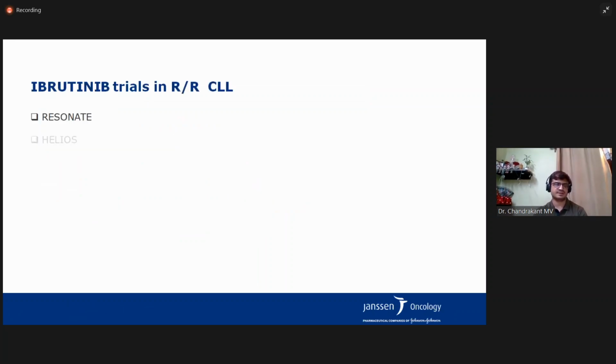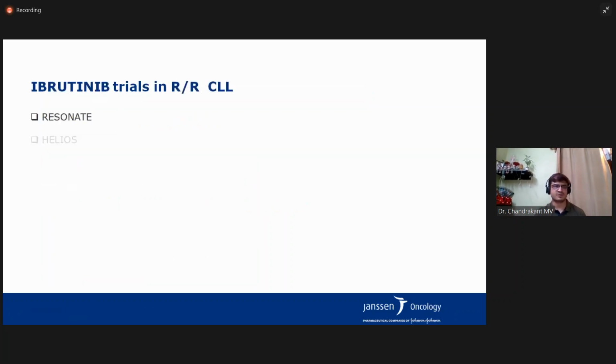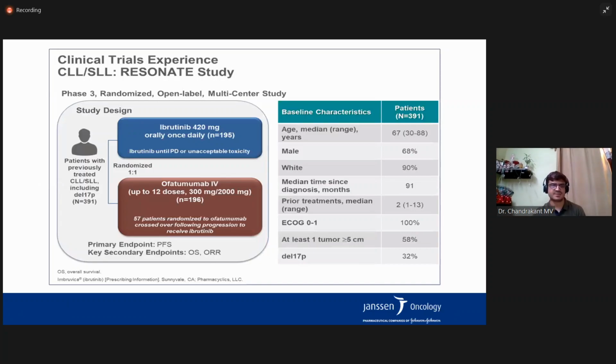And these are the frontline studies where we had head-to-head comparison with all the chemotherapy or immunotherapy arms. Now quickly revising the relapsed refractory setting, the RESONATE trial, ibrutinib versus ofatumumab, which is a novel anti-CD20.